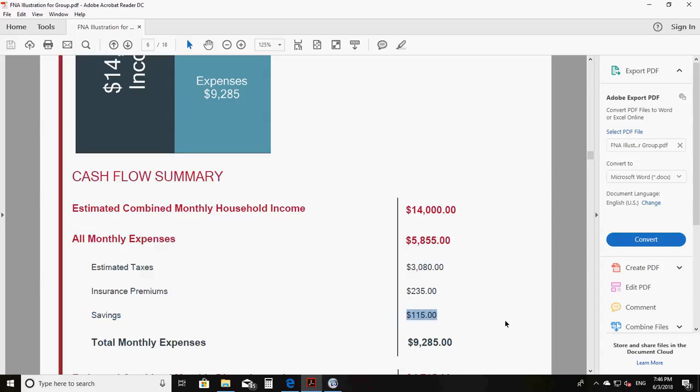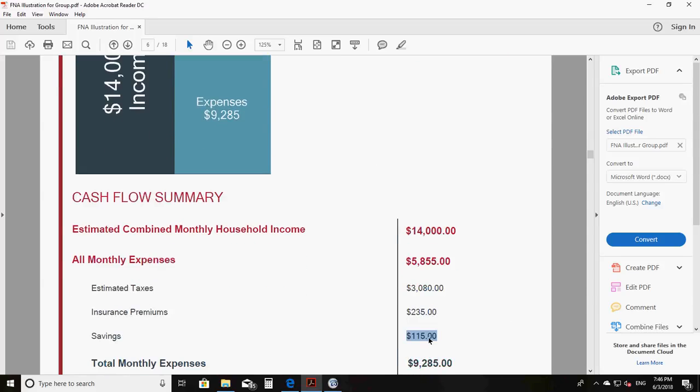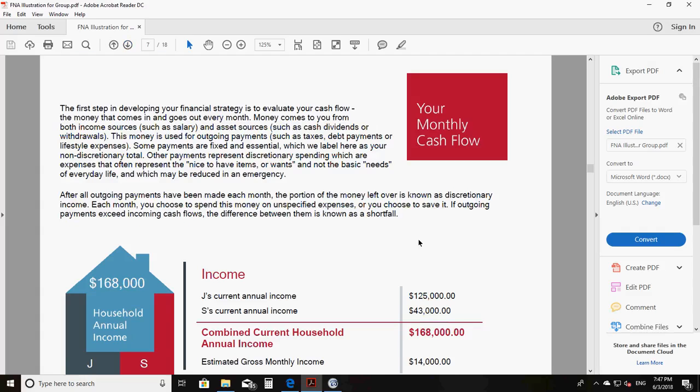Savings is earmarked as an expense. So, for example, if this couple was negative 115, you need to be able to clarify that 115 is actually going into savings. So at the end of the month, you're in theory a net wash. It's zeroed out. In reality, you're putting some money away, paying yourself first, so a little bit better. Like I said, everything else is pretty straightforward other than that.